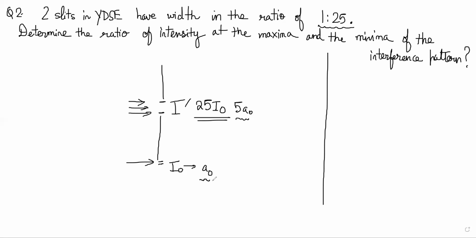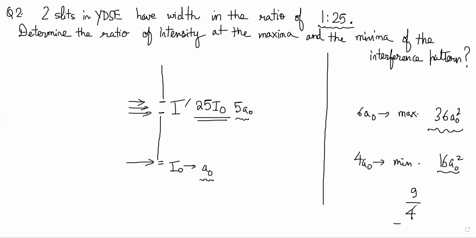So constructive interference, wherever it happens, will be 6 A naught for maximum, and 4 A naught for minimum. So intensity would be 36 and 16, times E naught square. The ratio of maximum to minimum intensity would be 36 by 16, which is 9 by 4. So that is how you figure it out. The pattern will be such that it will be 9 by 4.